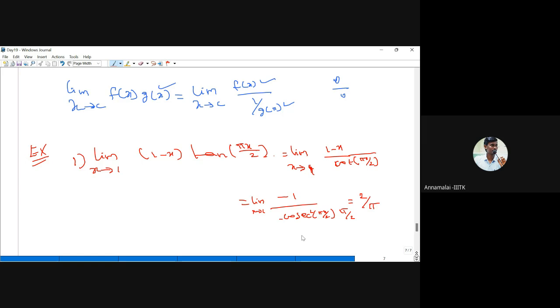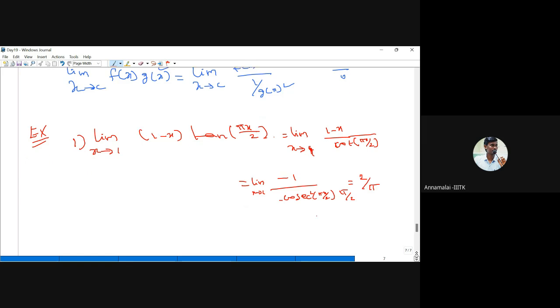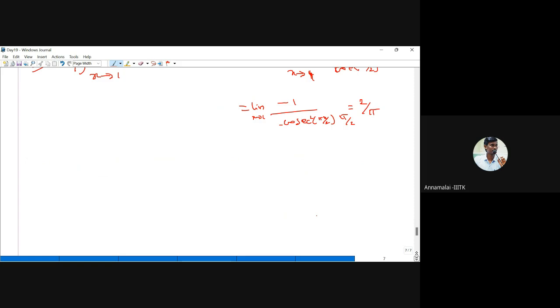Therefore you have to convert the 0 into infinity form into 0 by 0 form. Now another form is the infinity minus infinity form. Suppose we get a function in infinity minus infinity form, we have to convert it into 0 by 0 form. So how to convert?